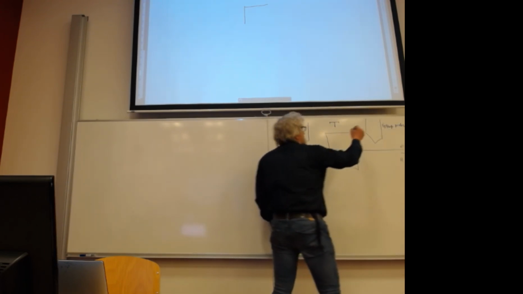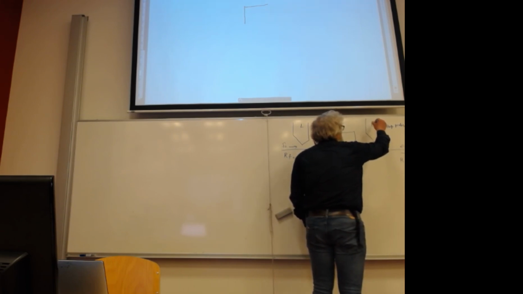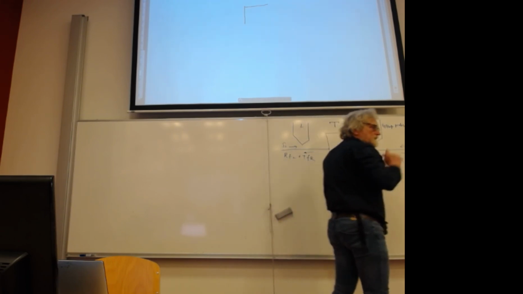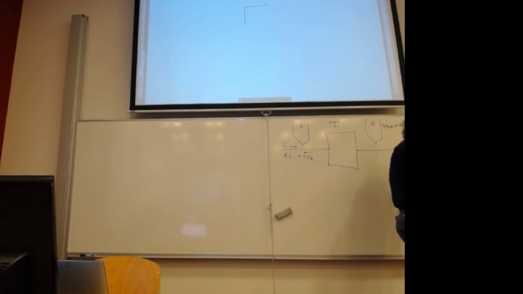Left voltage probe and right voltage probe. These voltage probes kind of measure the filling factor. Electrons of both directions will come onto this probe. Okay, what will it measure? There's democracy in this probe.